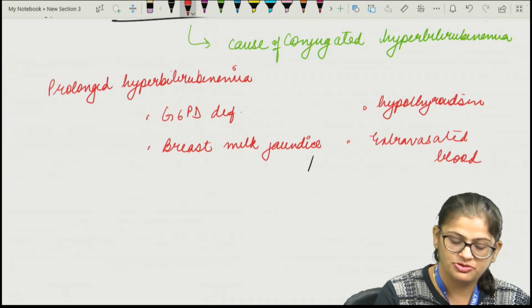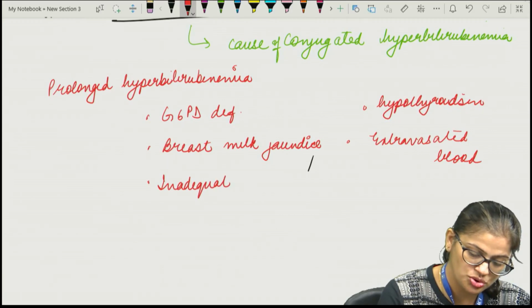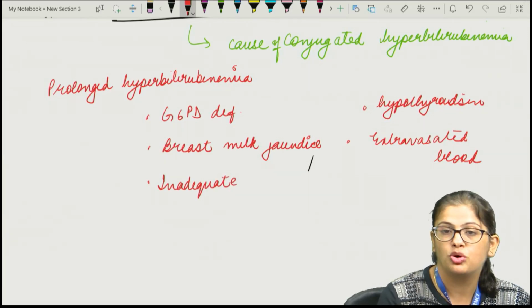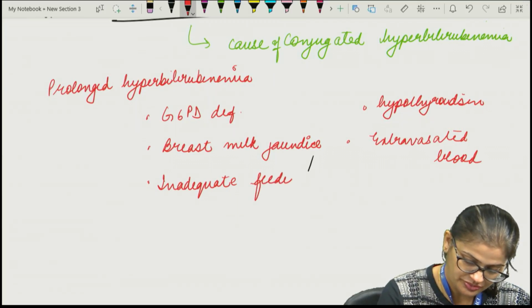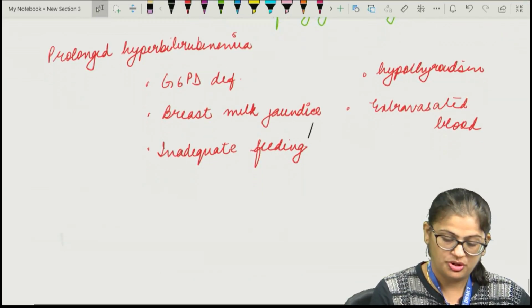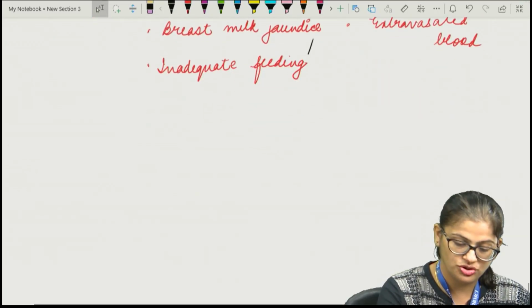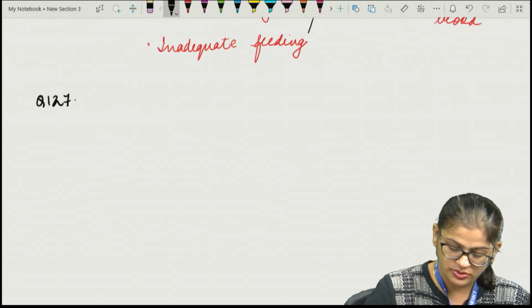Or if there has been inadequate feeding. So these are the causes of prolonged hyperbilirubinemia in neonates. So basically in this question they were asking you about causes of prolonged hyperbilirubinemia, an indirect way of asking. So next we come on to question number 127.